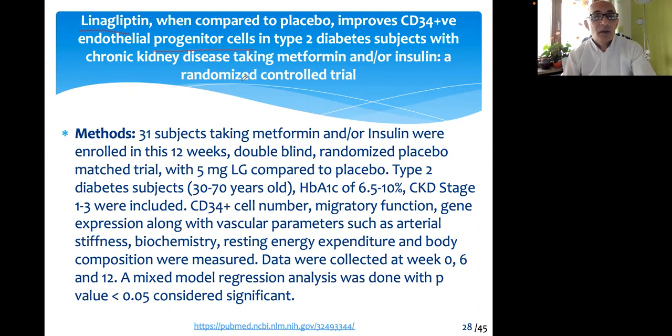So in this study, they checked in chronic kidney disease patients, type 2 diabetic and chronic kidney disease patients, whether this medication could have some benefit on the progenitor cells.